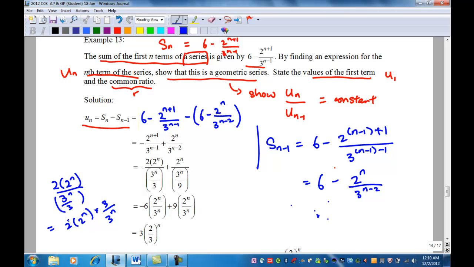These 2 and these 3 will multiply together to give us 6. In the numerator, we have 2 power n, and this 3 power n will go to the denominator. That's why we will end up with this term here.